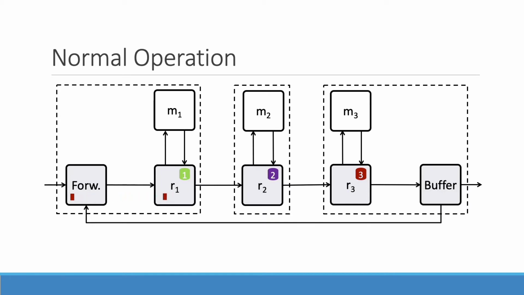As the packet passes through the chain, each replica detaches and replicates the state, tracks the state changes made by the middlebox, and piggybacks these state changes onto the packet before forwarding it to the next middlebox of the chain. The buffer releases the packet once the state of the middlebox entry is replicated at the beginning of the chain. This allows FTC to eliminate the need for any dedicated replica servers to tolerate failures.